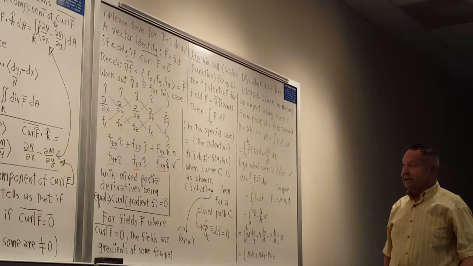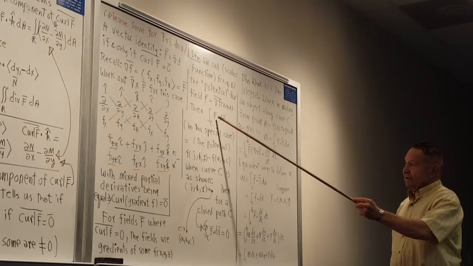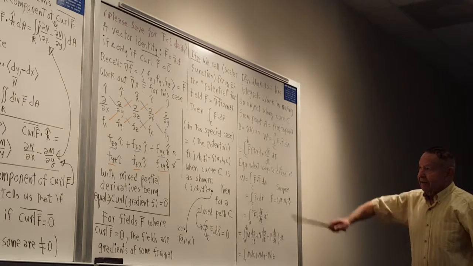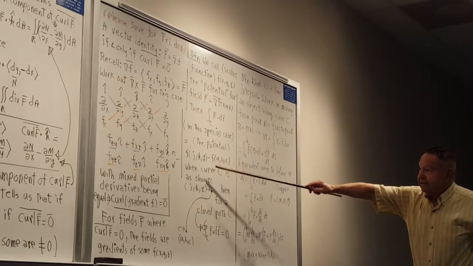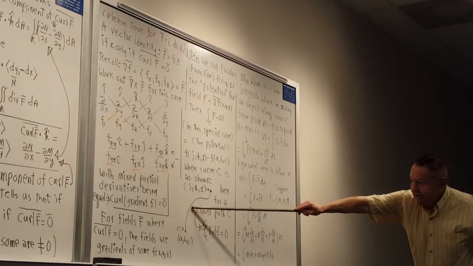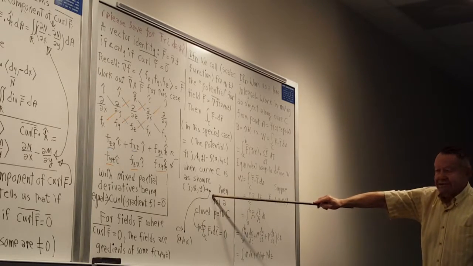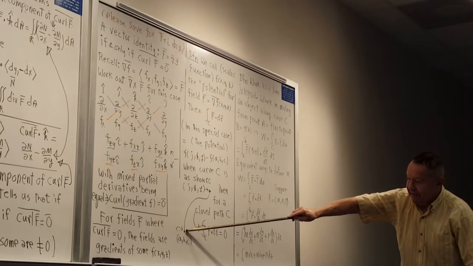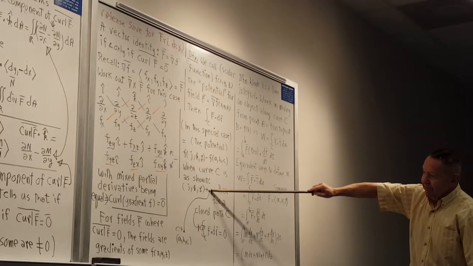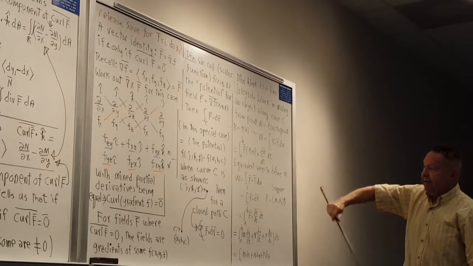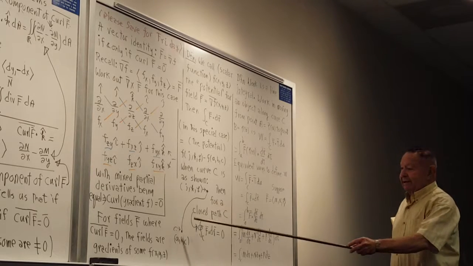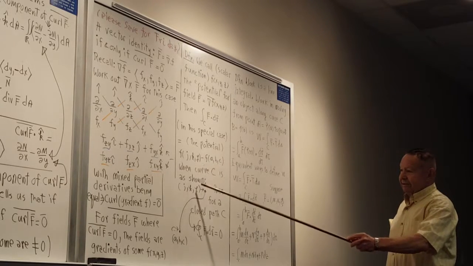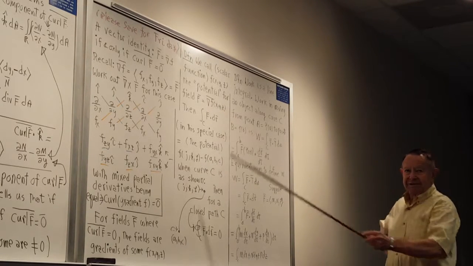And in that special case where you have a field that's the gradient of some potential, a line integral on a curve like this, not necessarily a closed curve, that starts at some point A, B, C, and ends at some point J, K, L, will be simply the difference in values of this potential.